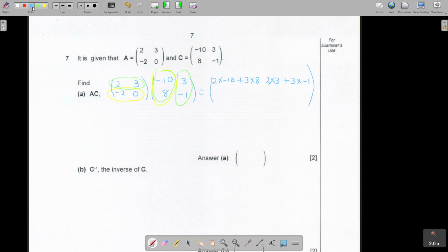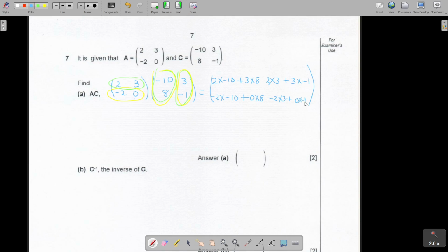So it's going to be -2 times -10 plus 0 times 8. You can write it down because then you can check where you made your mistake. And then the final one, it's going to this one. And then this one will be -2 times 3 plus 0 times -1.